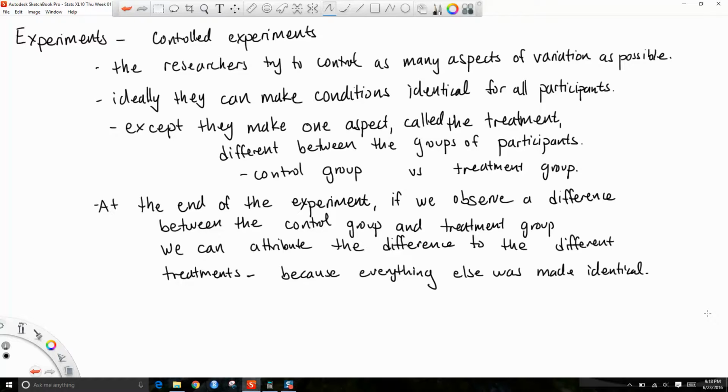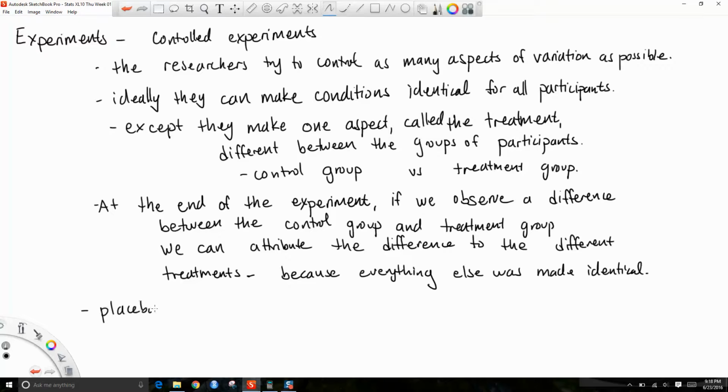Then if we observe a difference at the end of the experiment, we can say everything about these people was identical or as close to identical as possible. So any difference we see is because this group got the treatment and this other group got the placebo.